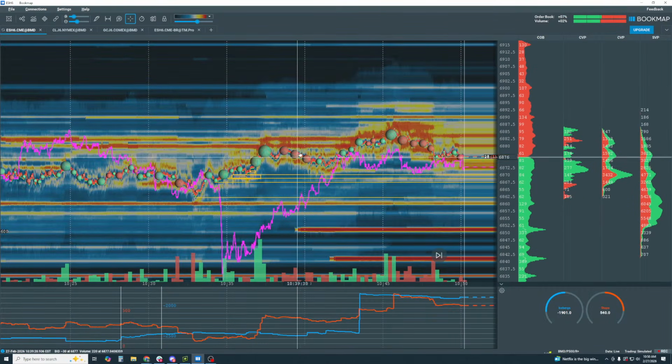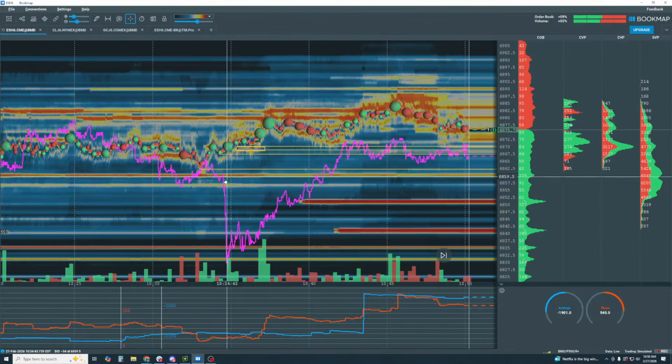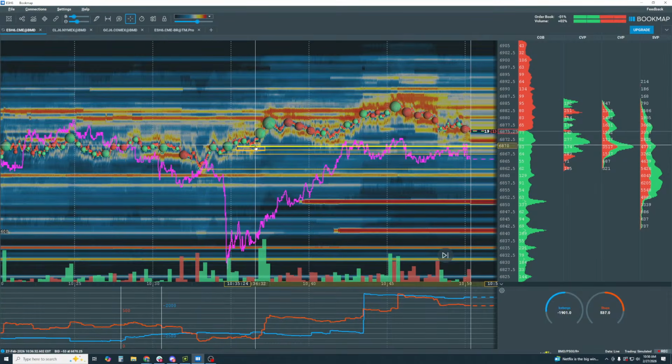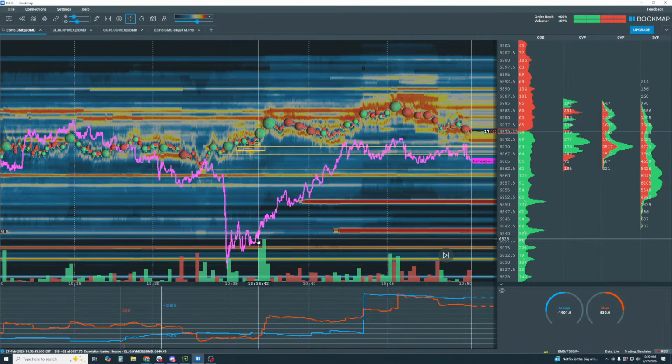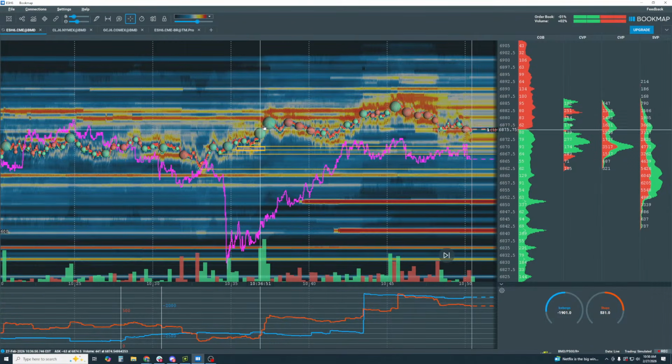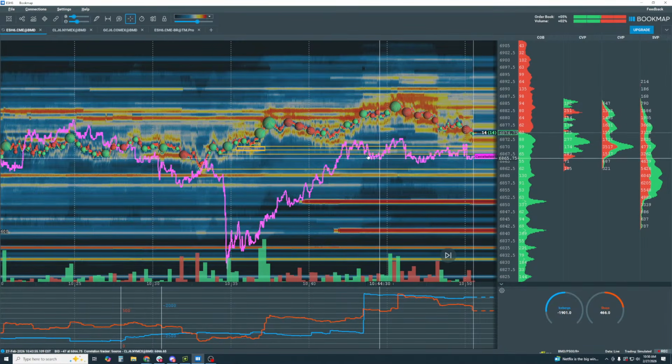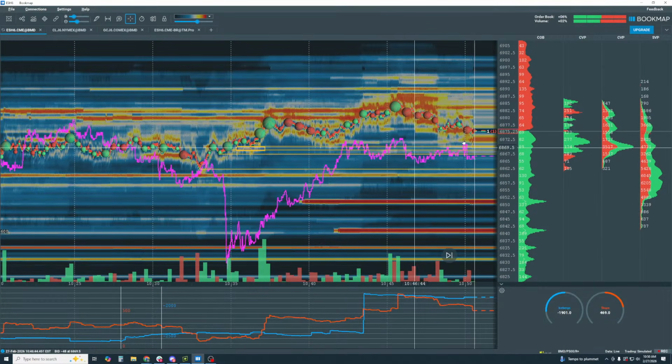This was kind of funny, right? We saw crude spiking lower here, and look how it took until here that the S&P started to reciprocate to that. Now crude oil has come back up. S&P is still holding here.